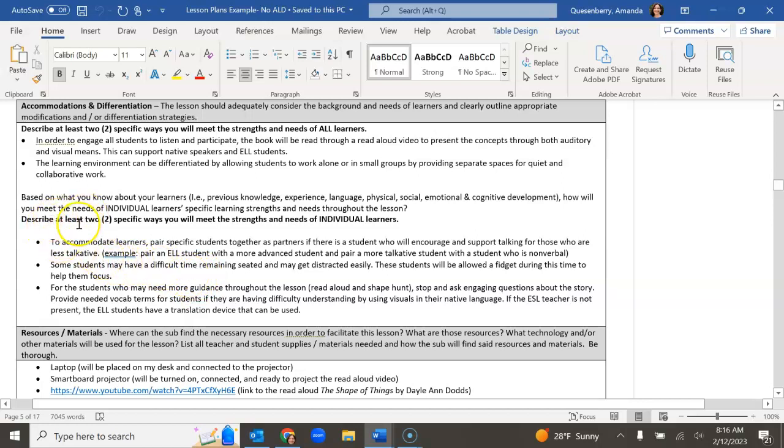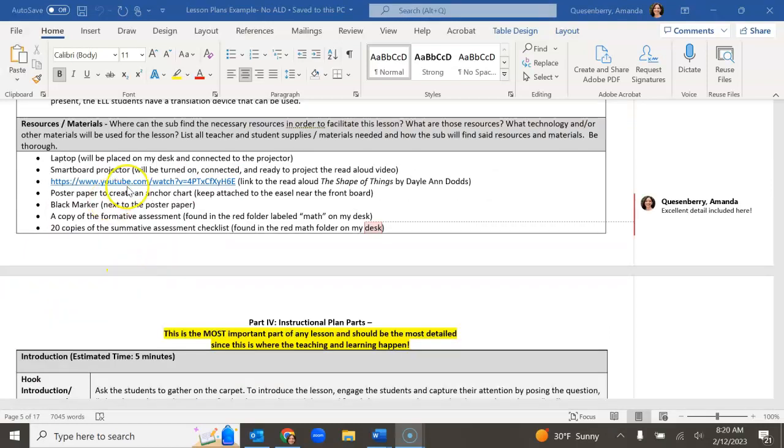So here you're asked to describe at least 2 specific ways you would meet the needs of individual learners who may have unique learning needs. Again, this is all stuff that you are creating, making up. Above here is more related to differentiation. Differentiation is what we do to think about all the students being successful in the lesson.